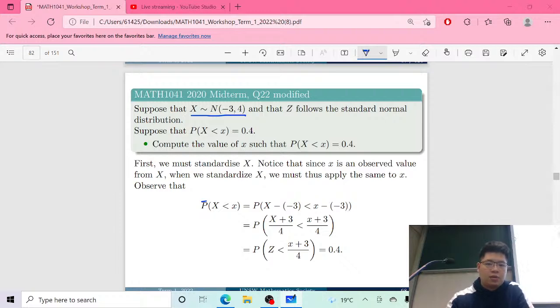So we can now write that Q norm 0.4 equals X plus 3 over 4. Because that's what the Q norm does, right? And finally, you just have to manipulate it to make X on the small side. So 4 times Q norm 0.4 minus 3.